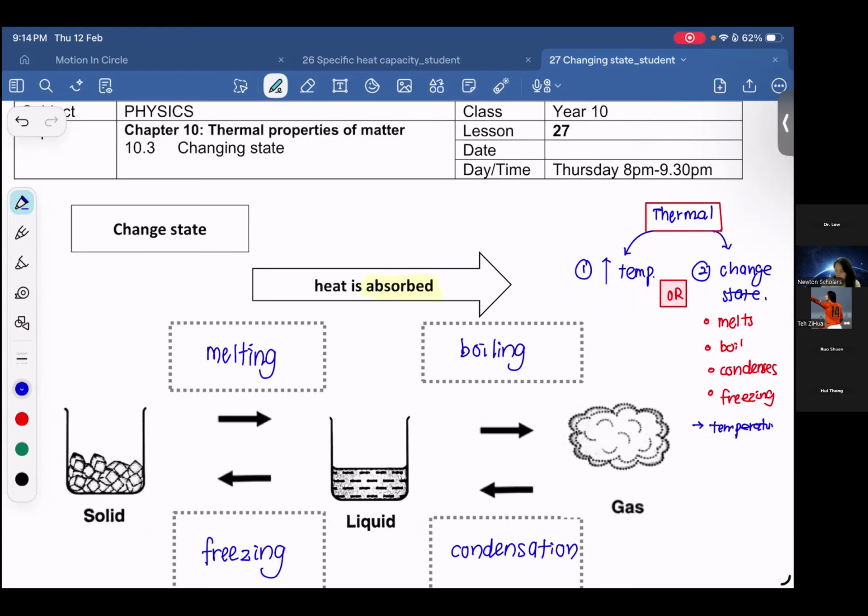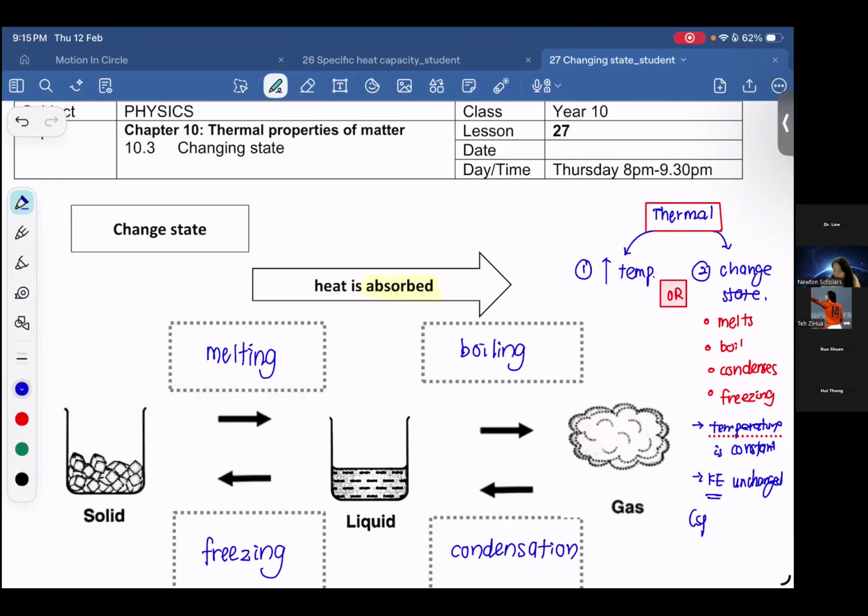If temperature is constant, the particles don't change speed, so the kinetic energy is also unchanged. Speed is related to kinetic energy, and temperature is related to kinetic energy.